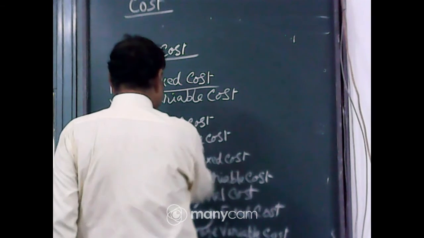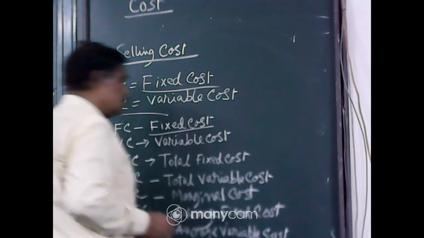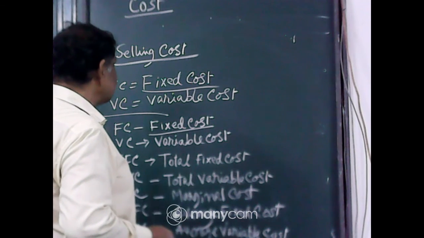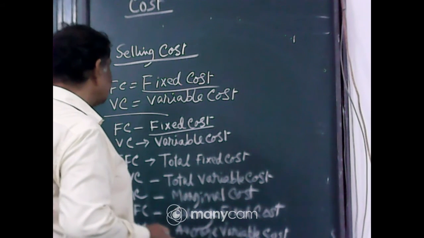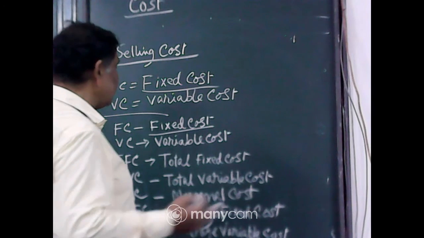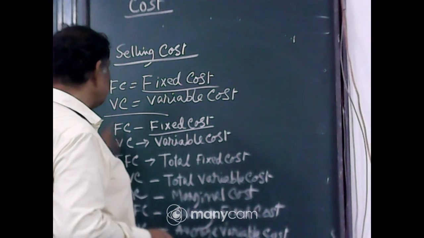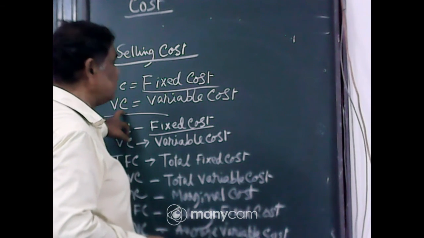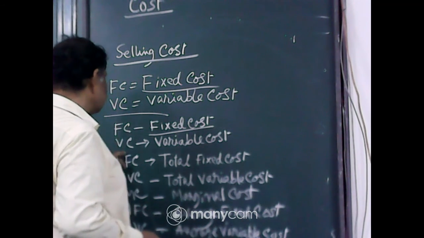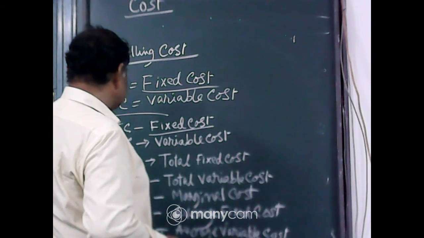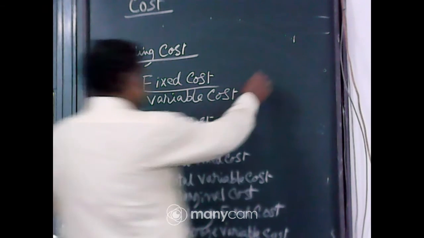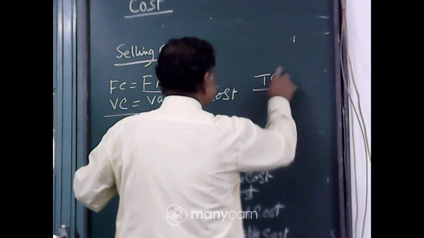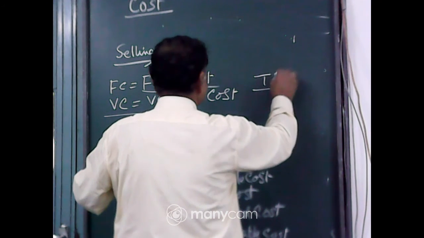I have explained fixed cost, the cost which remains fixed during the short period but can be increased in the longer period. Variable cost can be varied with the passage of time if required, and TFC is the total fixed cost.